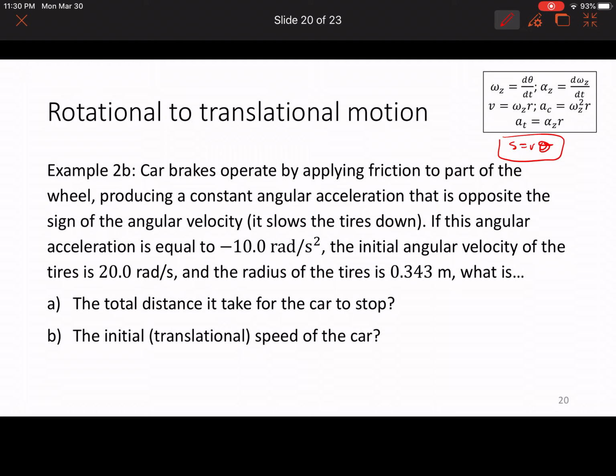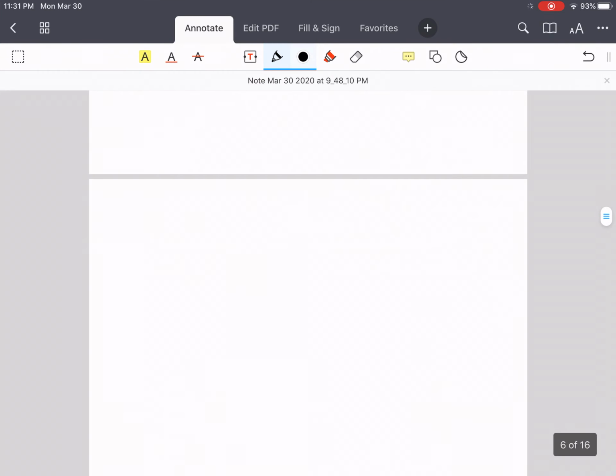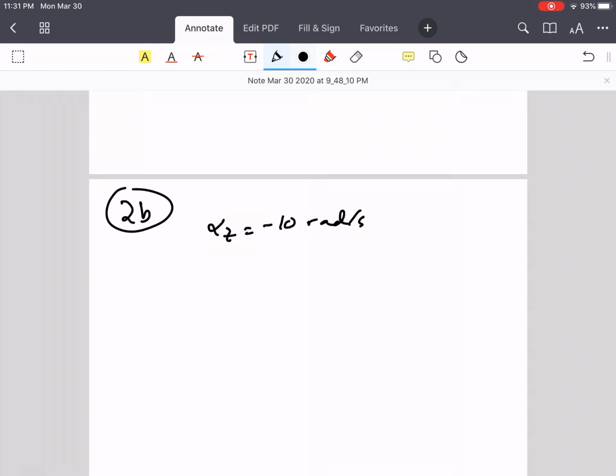All right, so hopefully everyone has paused me at this point, solved the problem, and now let's go ahead and go over this answer together. We are talking a car undergoing uniform negative acceleration. Alpha z is negative 10 radians per second squared. And we know that the initial omega z is 20 radians per second.